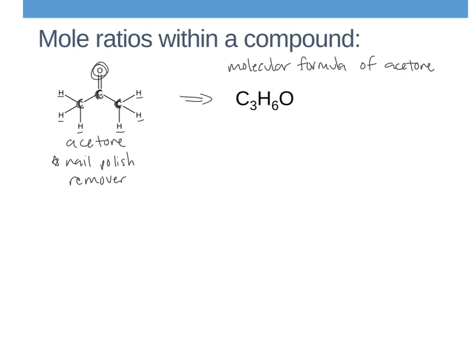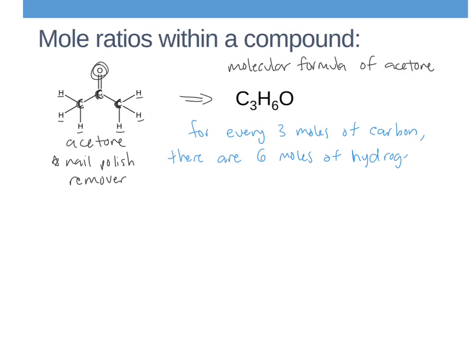So another way we can describe this is that for every 3 moles of carbon, there are 6 moles of hydrogen and 1 mole of oxygen.